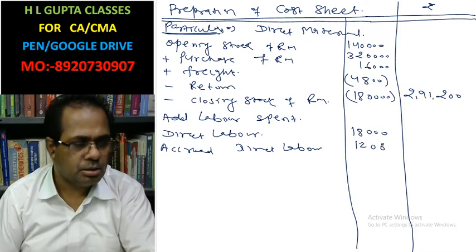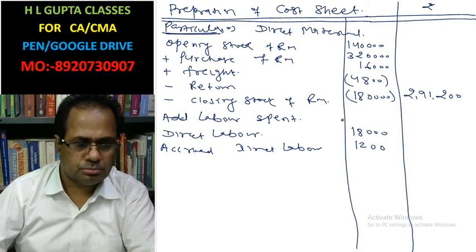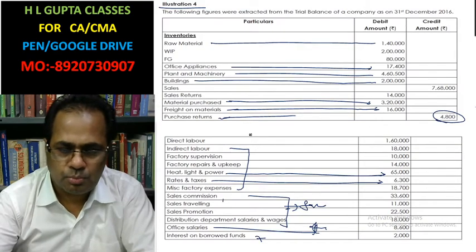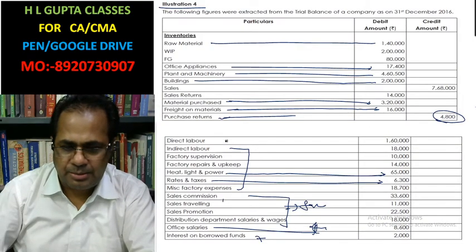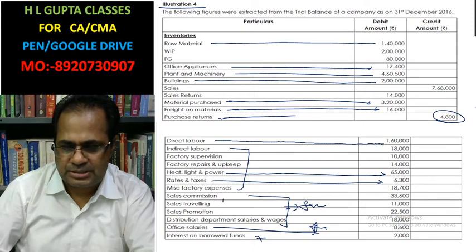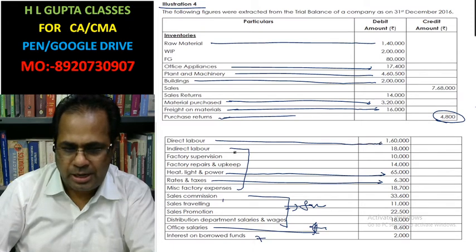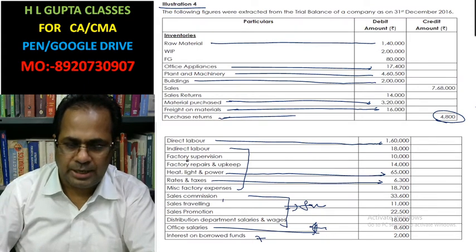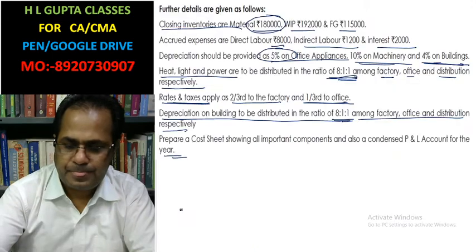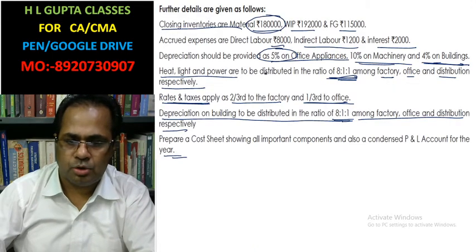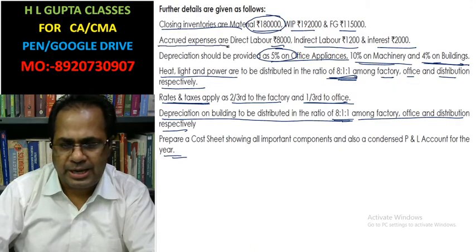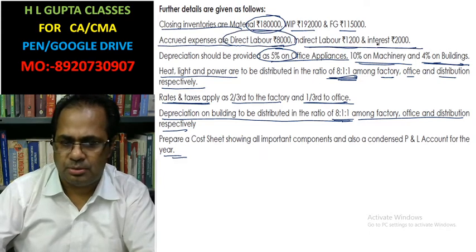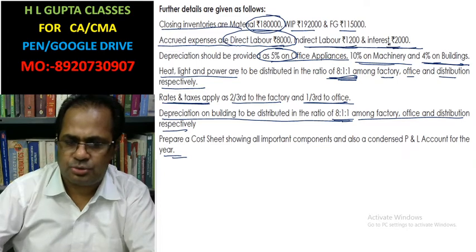Accrued labor cost is direct labor 1,16,000, 60,000, and accrued labor, that is factory. Look at it. Accrued expenses, direct labor 8,000, indirect labor 1,200, interest 2,000.